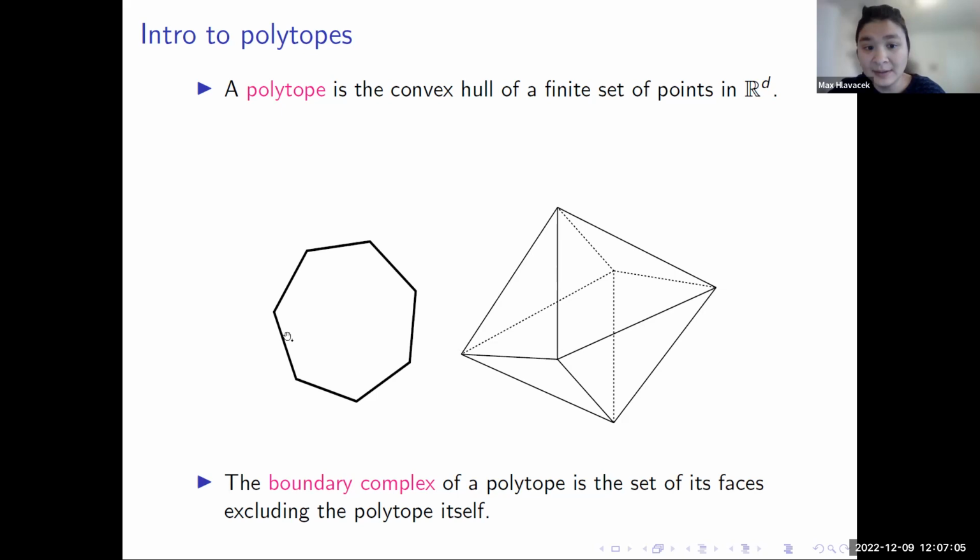For example, with this two-dimensional polytope, the whole polytope would include the two-dimensional 1, 2, 3, 4, 5, 6, 7 heptagon, but the boundary complex is just the collection of these edges and vertices. For the three-dimensional example here, this whole shape would be the polytope itself, and the boundary complex is the collection of these triangles, edges, and vertices.